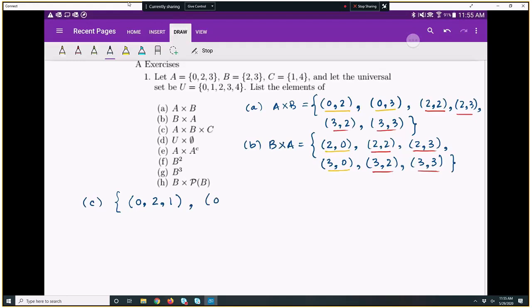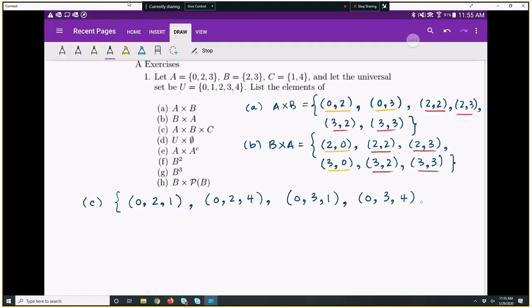I'm going to keep 0 and 2, and now from C I'm going to take 4. That's an element. Then I can take 0 from A, 3 from B, and 1 from C. 0 from A, 3 from B, and 4 from C. So these should be all of the possibilities for starting with 0.